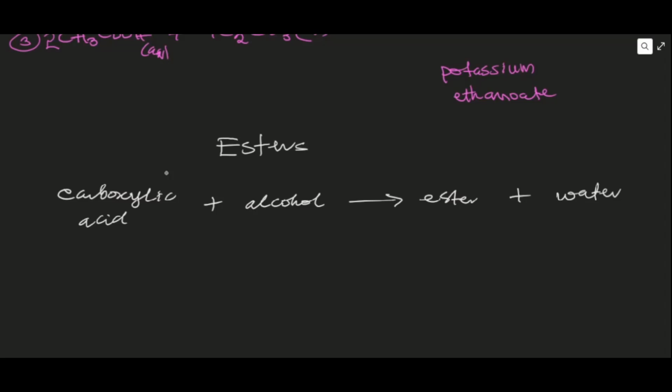Something like that as well. But the difference is that this reaction is a reversible reaction. So you have to indicate that it is a reversible reaction. And the condition of the reaction has to be mentioned as well, which is what? Acid catalyst. So that is what IGCSE needs from you.